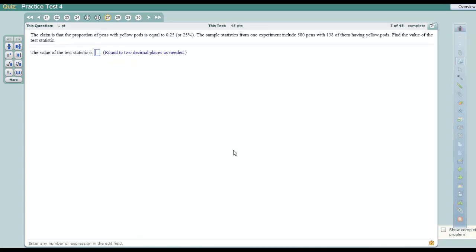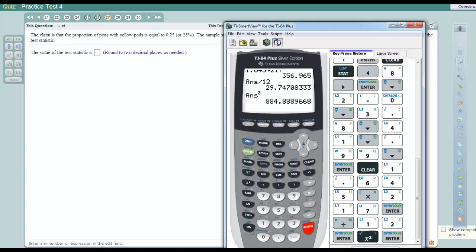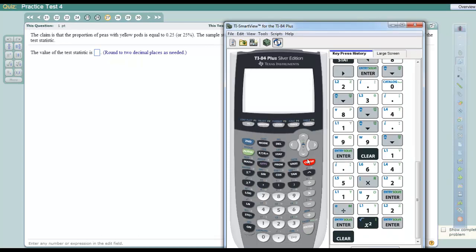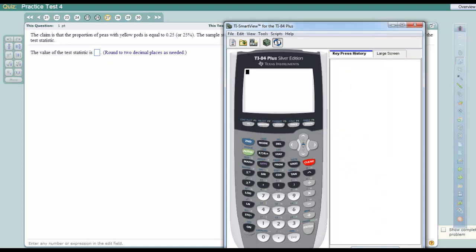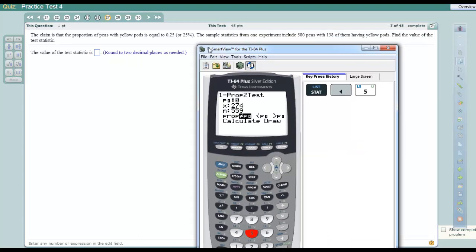The test statistic is that witness. Okay, we can use our calculator to get that. If we go to stat test, we're doing a one proportion z-test. Okay, the null value would be 0.25. X is 138, and N is 580.